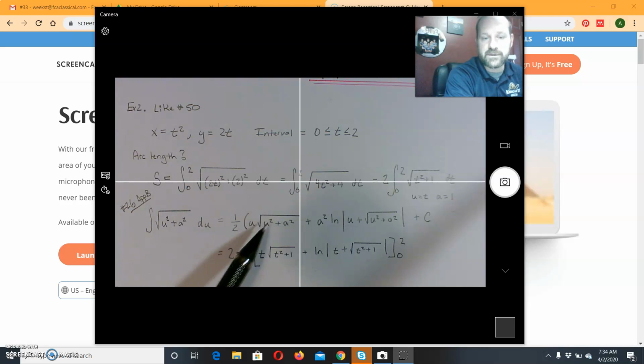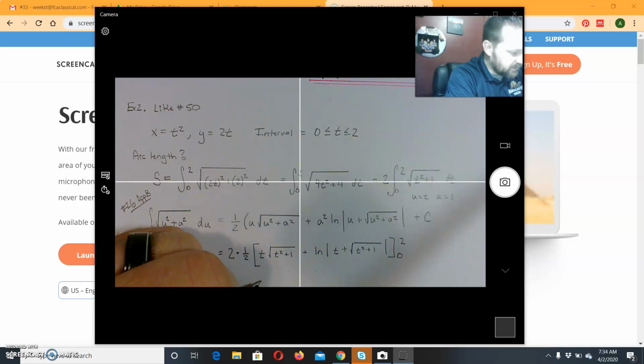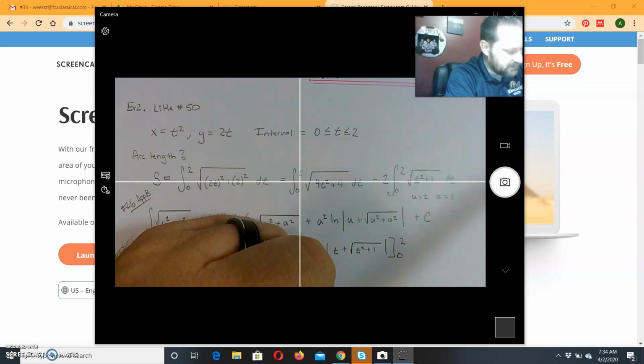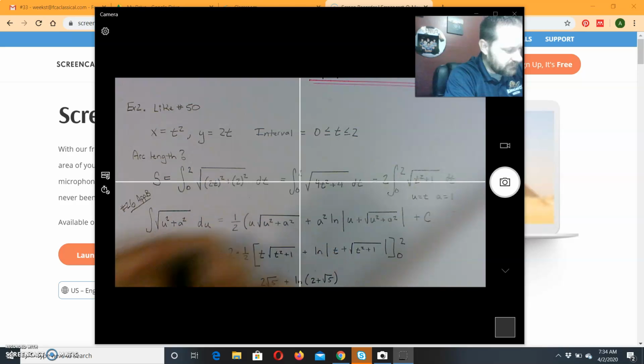So we've got this going on. Plug and chug now. Put this in. We don't need plus C because we're looking for the interval from 0 to 2. Calculating all these parts, plugging in the 0 and 2 and subtracting, we get 2 radical 5 plus ln of, I'm not going to show all the work of working all that.